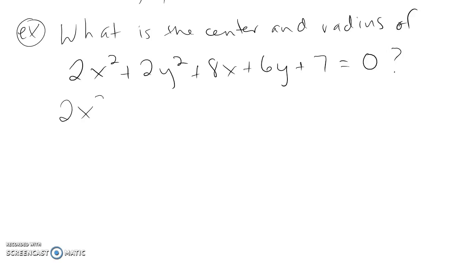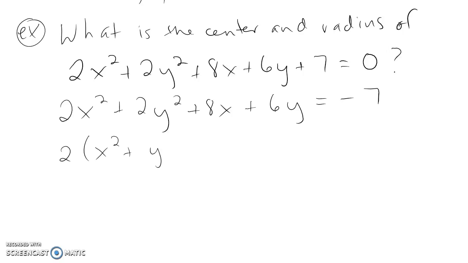The first thing that we do is move the constant term to the non-zero side of the equation. Now, there's a common factor of 2. I'm going to factor that out because I need to make sure that x squared and y squared only have 1s as coefficients.